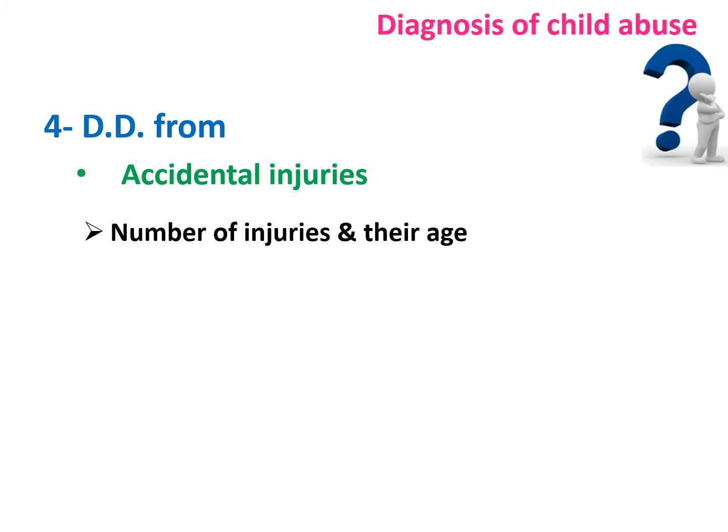Usually, accidental injury occurs once every few days, so you will find only one injury, while in case of child abuse, you will find multiple injuries. If you examine the whole body, you will find multiple injuries in different parts of the body and in different stages of healing.